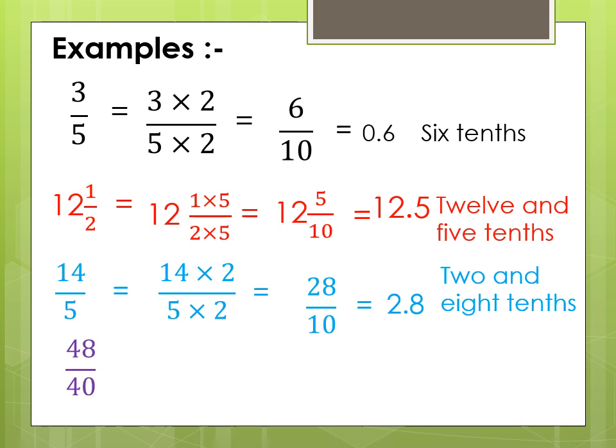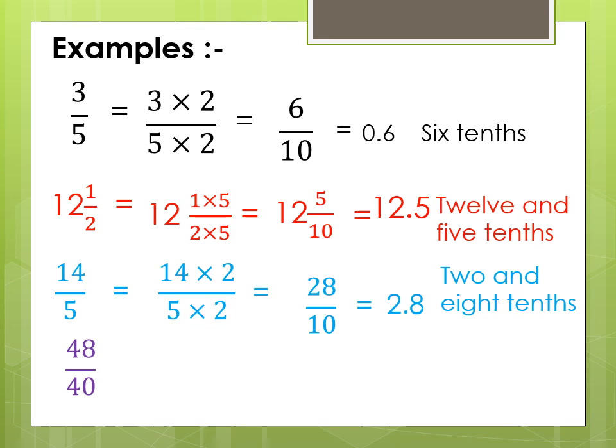Let's take the last example. 48 over 40. It's the greatest number. What will I do? How do I convert it to a denominator of 10? Here I can't multiply, but I will divide. I want to convert 40 into 10, so I will divide by 4.